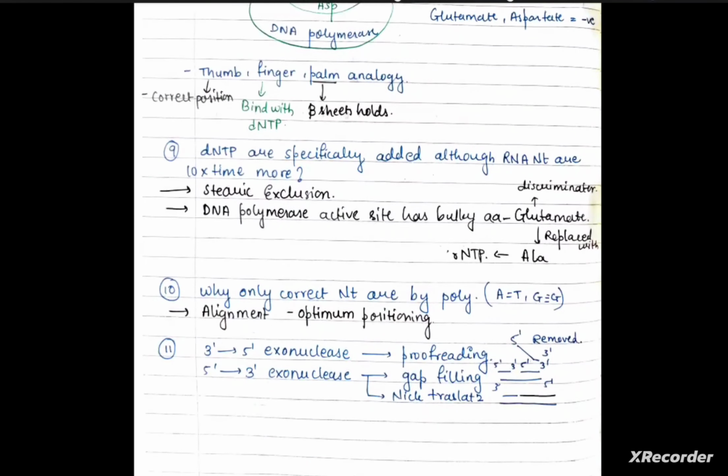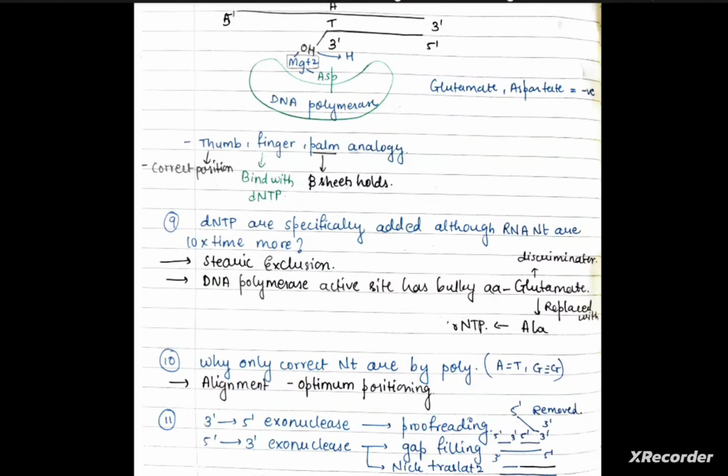The next question can be asked: dNTPs are specifically added, although RNA nucleotides are 10 times more. If you consider overall, the RNA nucleotides are 10 times more than DNA nucleotides, but specifically the polymerase can add dNTPs. Why is this so? Because we know that in the case of RNA nucleotide, there is OH, and in the case of DNA nucleotide, there is just H at carbon number 2.